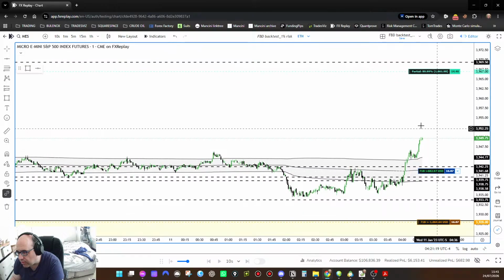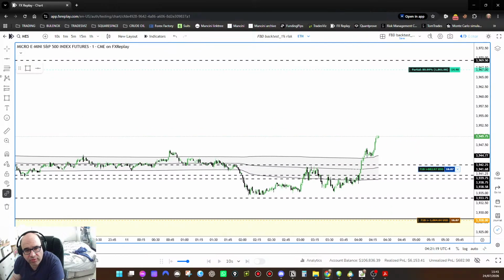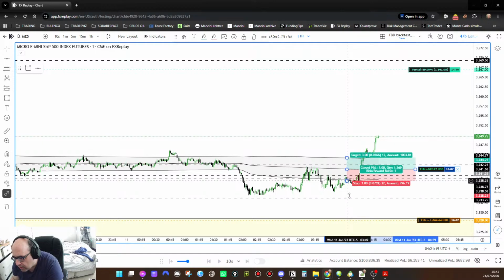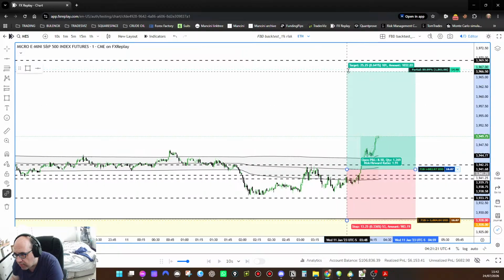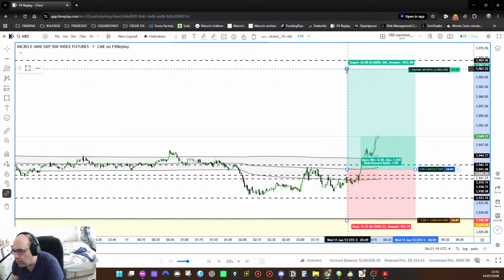The main trade, we have our range about here, we have our stop, so we are talking about almost two to one risk to reward.